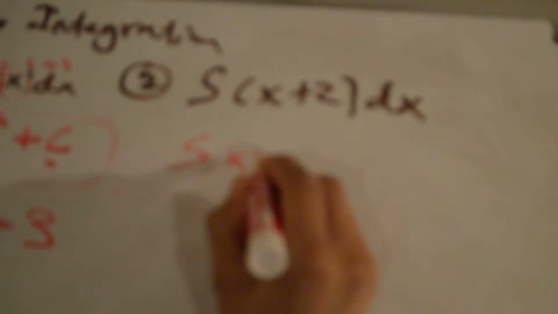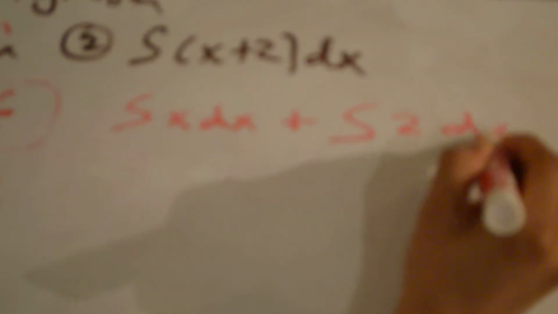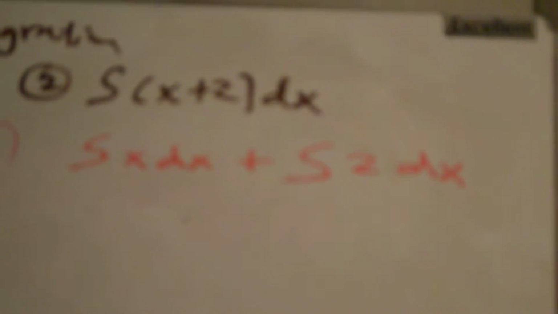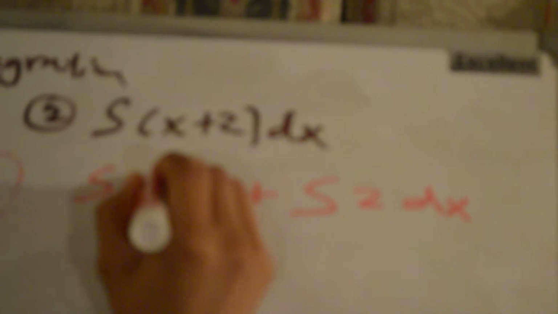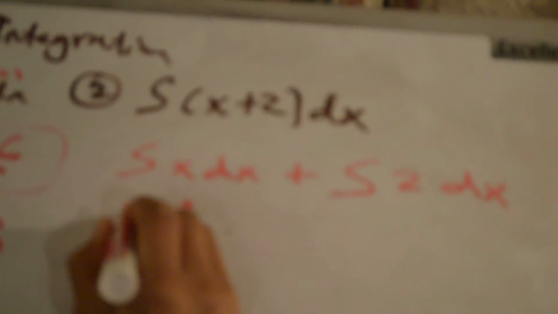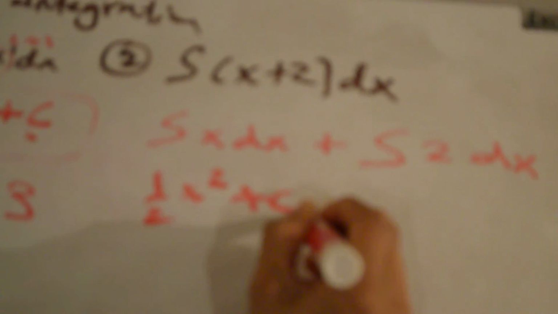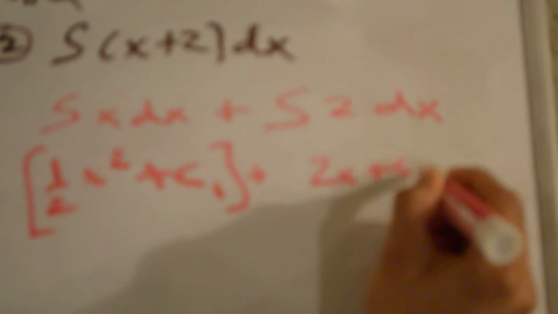Now we're going to work with the second one over here. We can split it like this, plus. Again, the way I do it is x squared over 2 plus c, which I'm going to call c1, plus 2x plus c2.